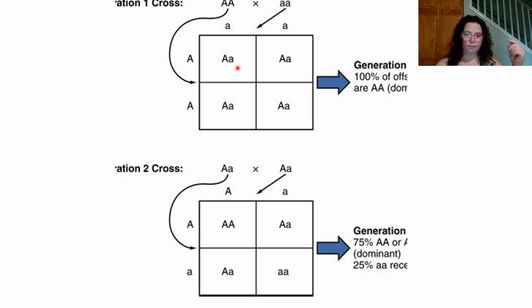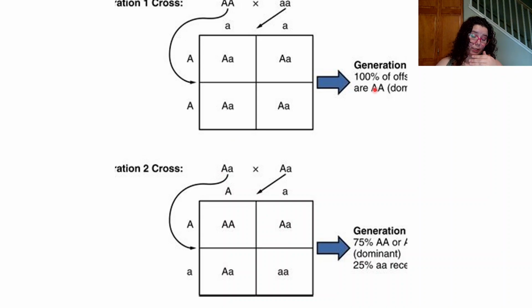And then 100% of the offspring are Aa, or heterozygous. Cool. A, big A, little a, big A, little a, big A, little a, big A, little a. Generation 2. Now I'm crossing 2 of the first generation's offspring.